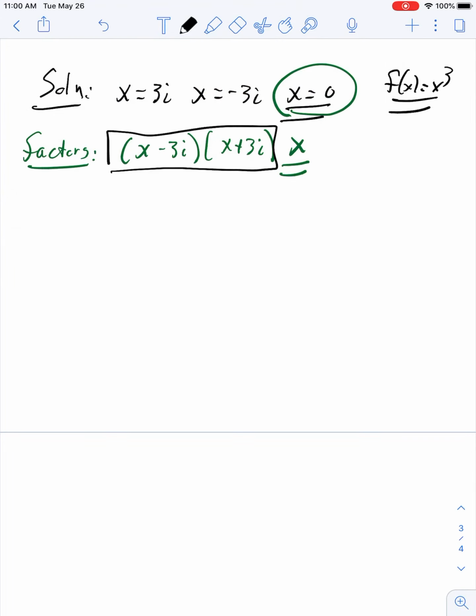Well, I'm going to multiply out my difference of squares. So I don't have to use my rectangle. This would be x squared minus 9i squared, which is x squared plus 9.